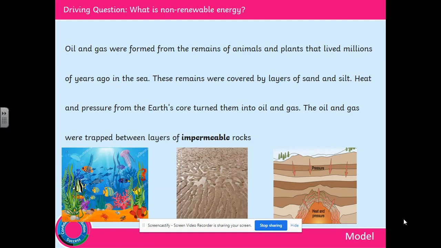And if it allows certain things in and out, it simply means that it prevents certain things from also entering and leaving. Now, impermeable is the opposite of permeable, which means that it doesn't allow anything to enter or leave. So the oil and gas that were trapped between layers of impermeable rocks, they had no option but to stay where they were trapped. All right.